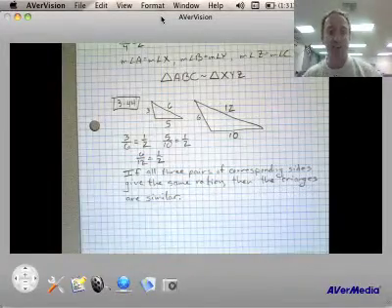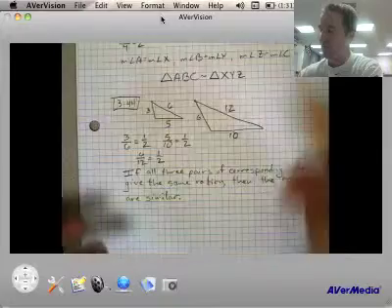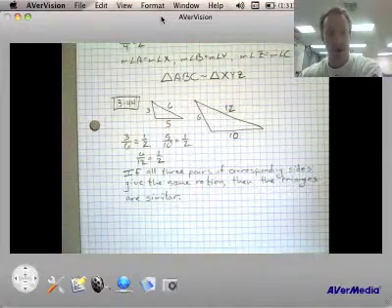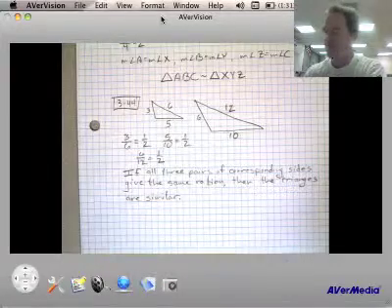We don't even need to know about the angles. If all we know is that all these sides give the same ratio, we know the triangles have to be similar without knowing anything about the angles.